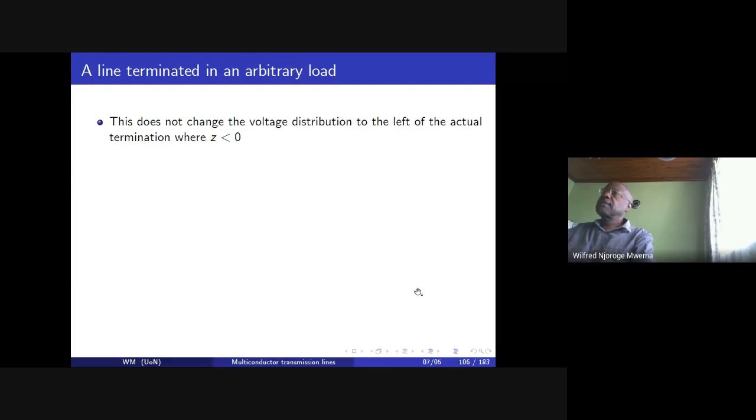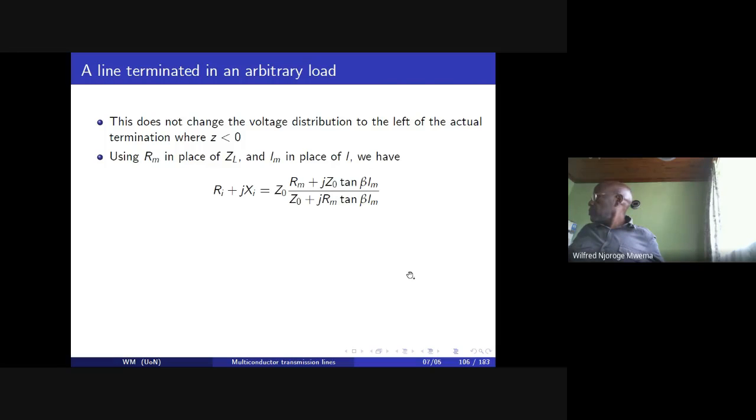So we say that this does not change the voltage distribution to the left of the actual termination, where z is less than 0. And so, using Rm in place of ZL and Lm in place of L, we can therefore write the input impedance looking at our new additional length of line Lm. We get Ri plus jXi, which is equal to Zi.